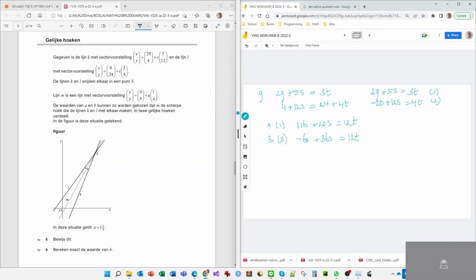You can also just solve for t here and substitute, but then you get denominators and stuff.